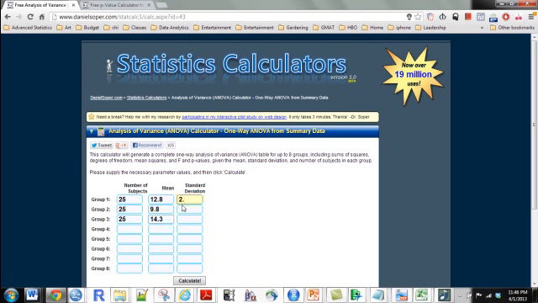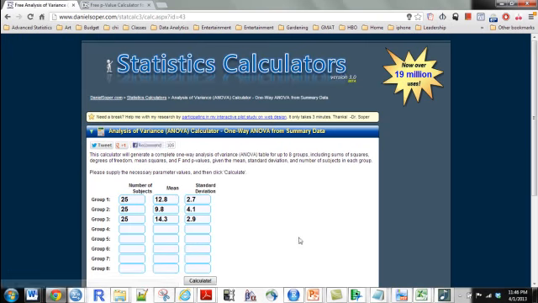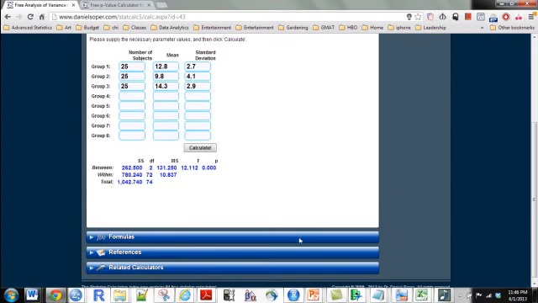Obviously, if you're working a multiple choice or a quiz or something, you're not going to be able to come to this calculator, but for your homework, you can use this to check all of your work. So I just put in the sample size, the means, and the standard deviation. I didn't have to get the variance, it's just the standard deviations. And let's see what that gives us.